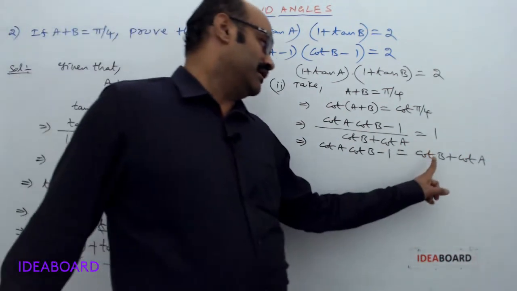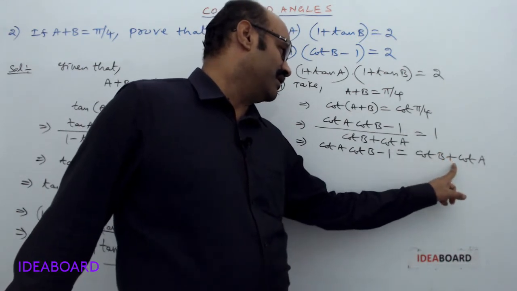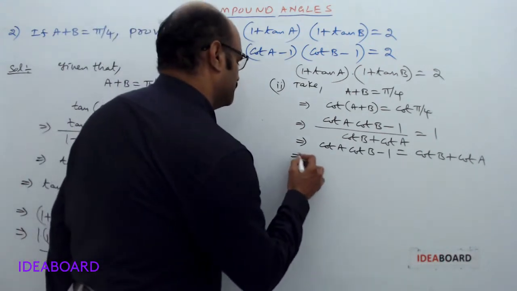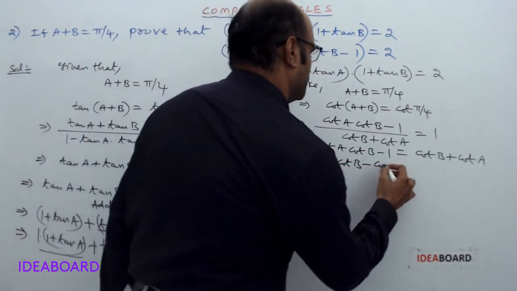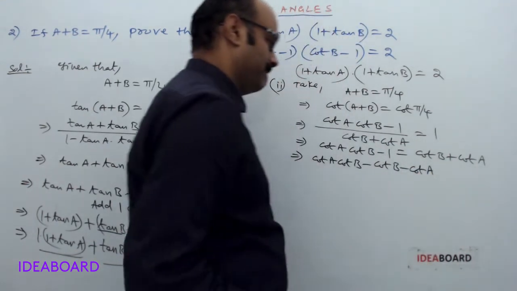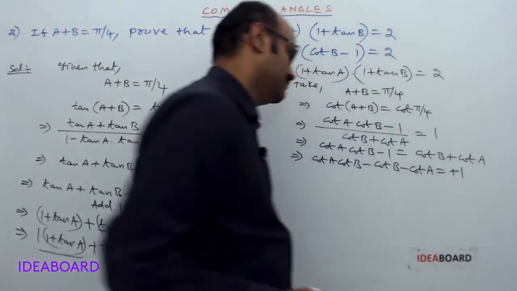Now write cot b plus cot a from RHS to LHS. Then it becomes cot a cot b minus cot b minus cot a equal to, write minus 1 from LHS to RHS, plus 1.